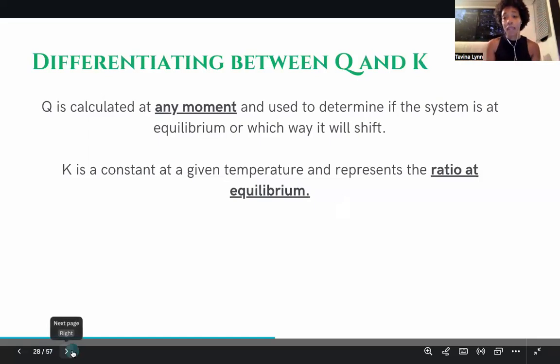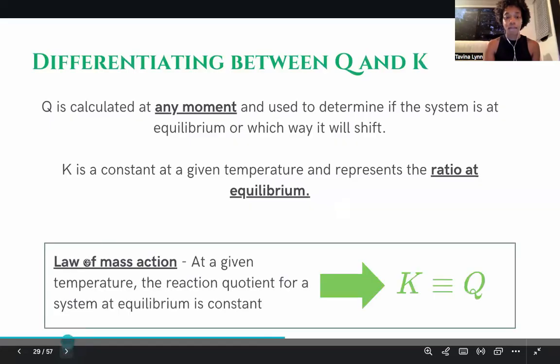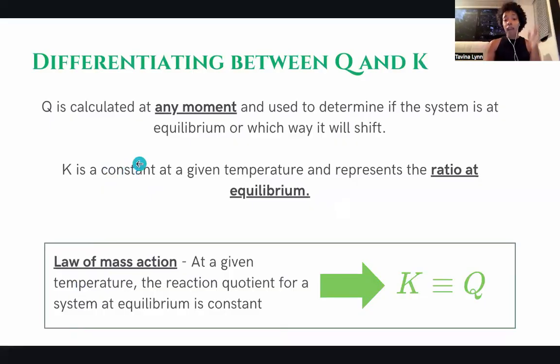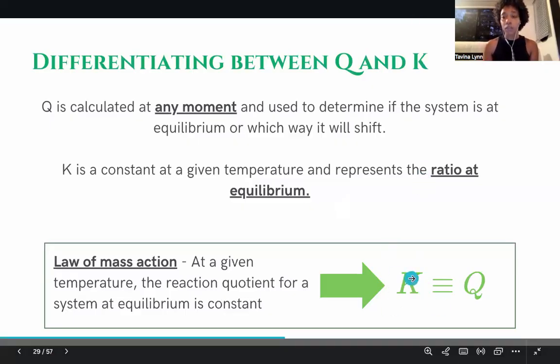So that's the difference between our equilibrium constants Q and K. So the law that talks about this is the law of mass action, which basically says at a given temperature, the reaction quotient for a system or a reaction at equilibrium is constant, and it is equal to our equilibrium constant.